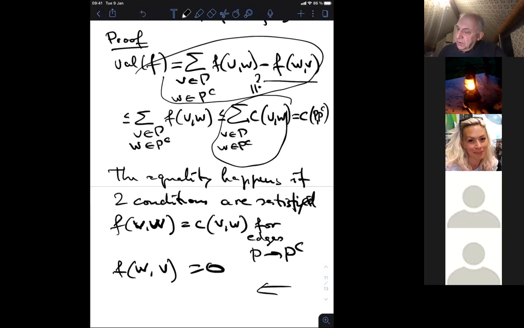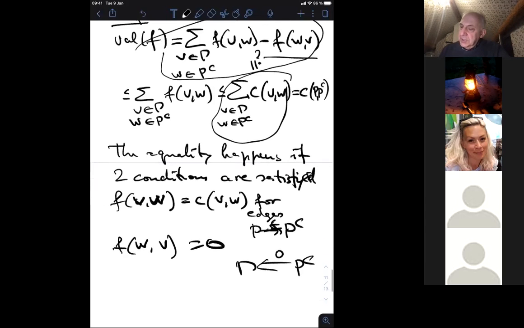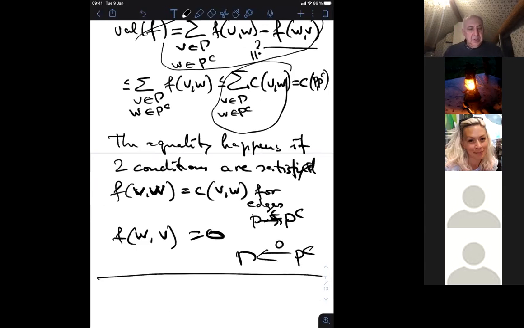So if you have an edge going this way, no flow. If you have an edge going that way, you have to use it maximally. So this explains why we need these augmenting paths in the proof of the main theorem.